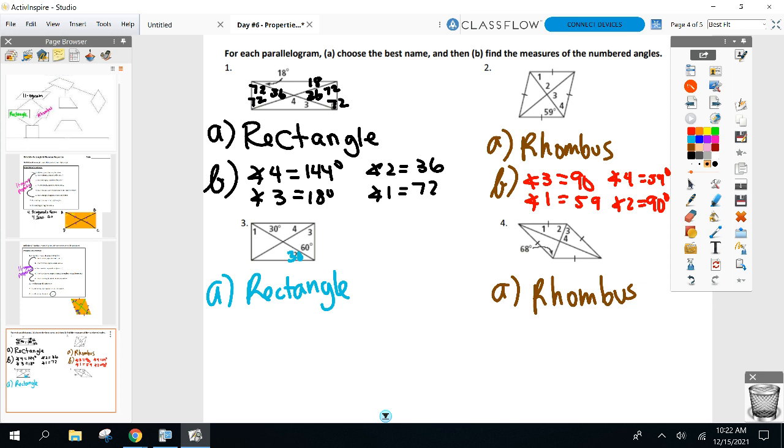There's another one. The 68 or the 45? No, the 68. You just put 45 because it's a triangle. Yeah. So 68, because if it was 68, then 2 would also be 68. Like 5.